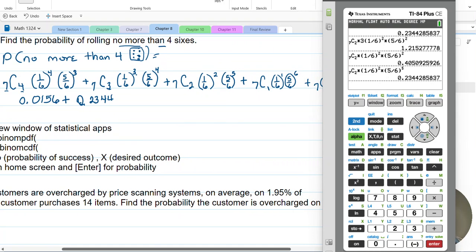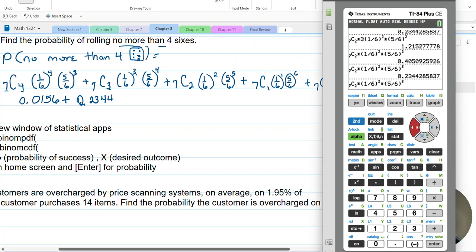Okay, got it. What was a 7 choose 3? I skipped one. That's what happened. Sorry about that.